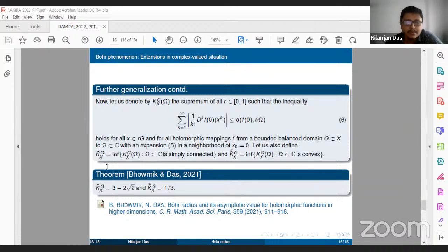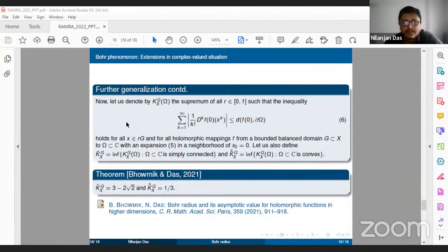Again, like we defined K_n tilde, we define K_X tilde(G), which is simply the infimum of K_X(G, Omega) while Omega is simply connected, and K_X double tilde(G), which is the infimum while Omega is convex. So what we proved using these concepts is that K_X tilde(G) is again 3 minus 2 times square root of 2, like the scalar valued case, and K_X double tilde(G) was 1/3.